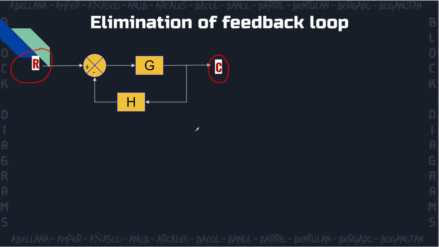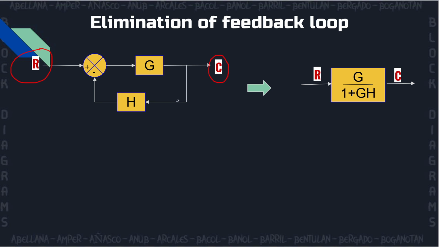From this block diagram alone, it is pretty hard to determine the output since it has a loop. So we need to get rid of this loop, or we need to simplify this in order to get a proper output. So there is a rule in eliminating a feedback loop. So this is the rule.